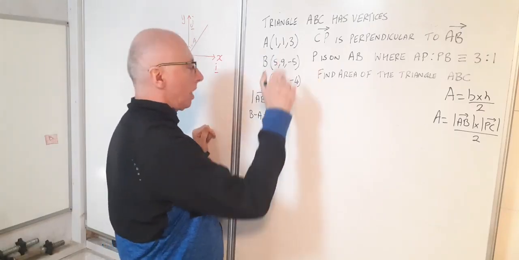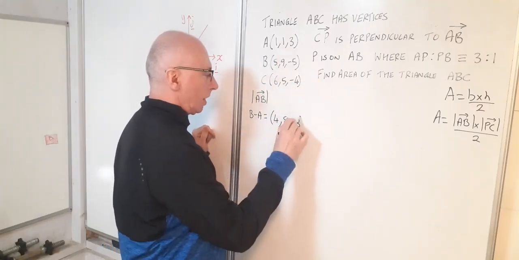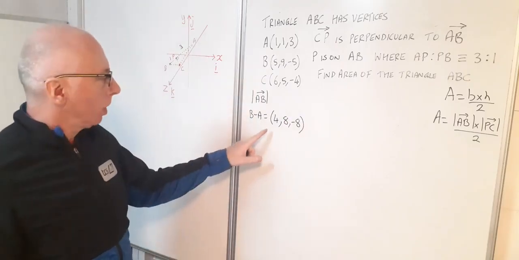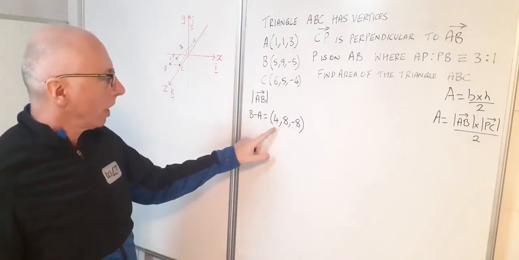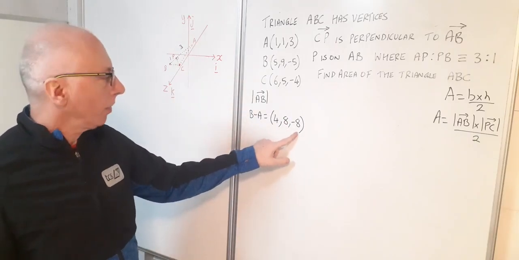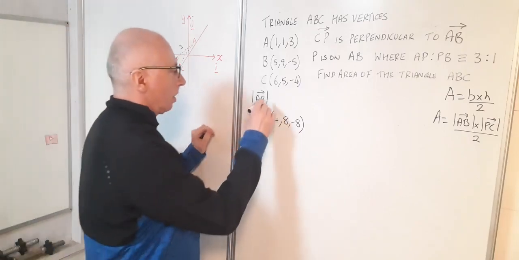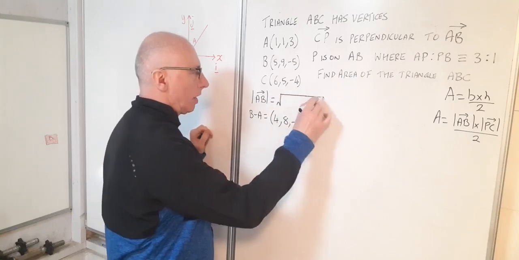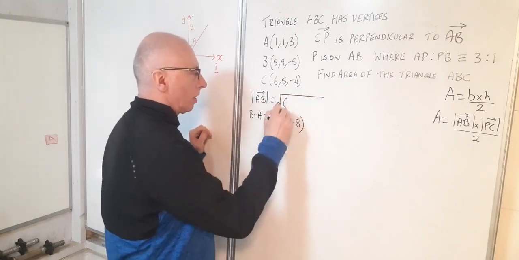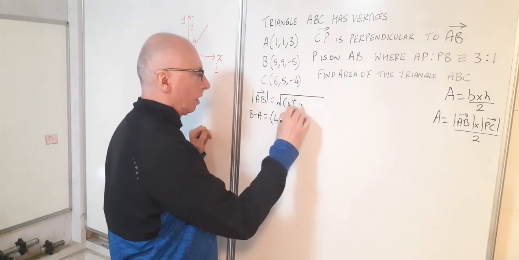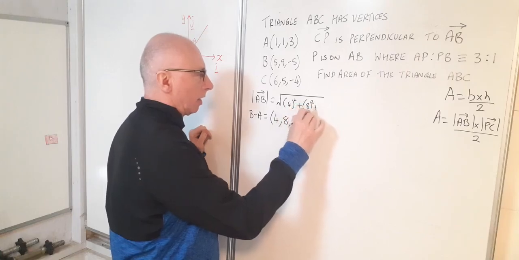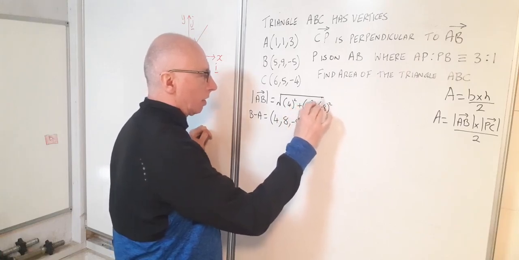And then minus 5 minus 3 is minus 8. To find the magnitude, we take the square root of the sum of the squares of the components inside this vector. So we've got 4 squared, 8 squared and minus 8 squared.